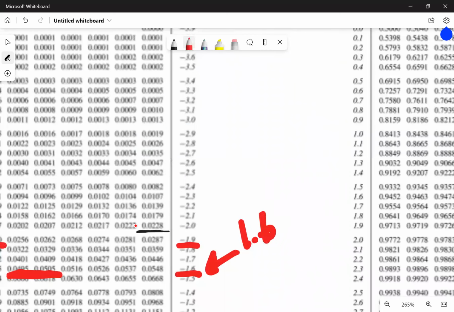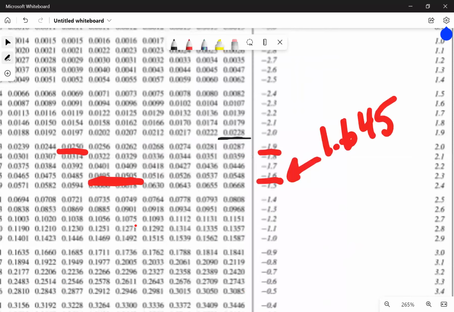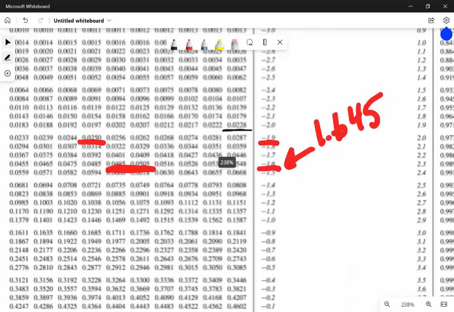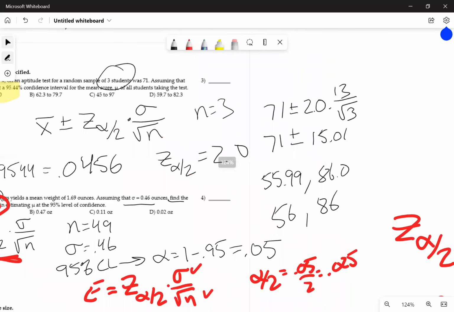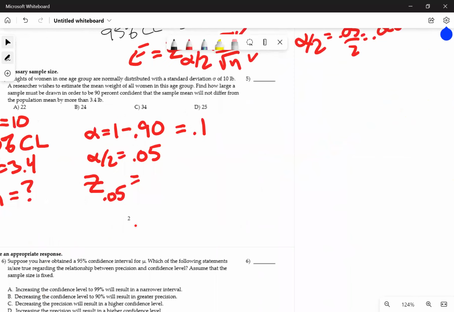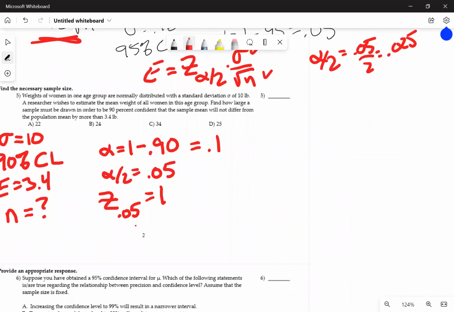So it is 1.645. So that is the Z that I need to use, 1.645. So my Z of 0.05 is 1.645.